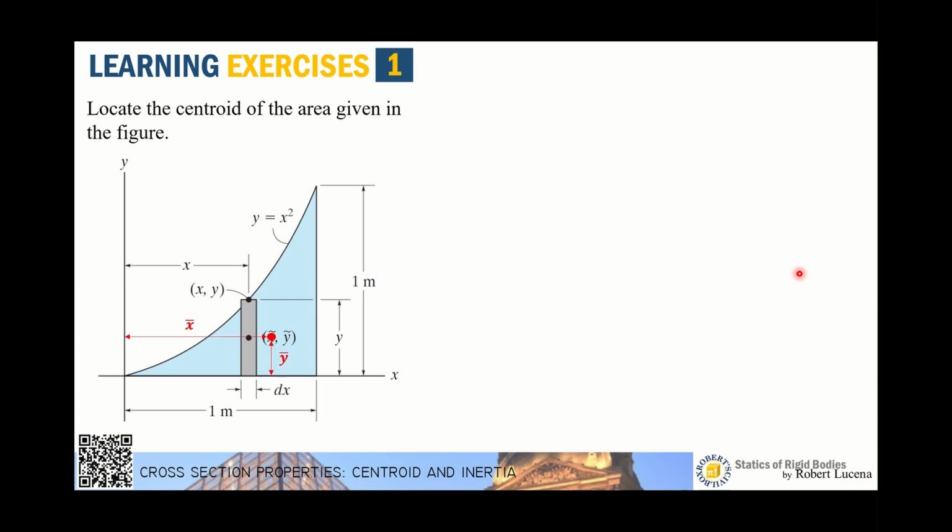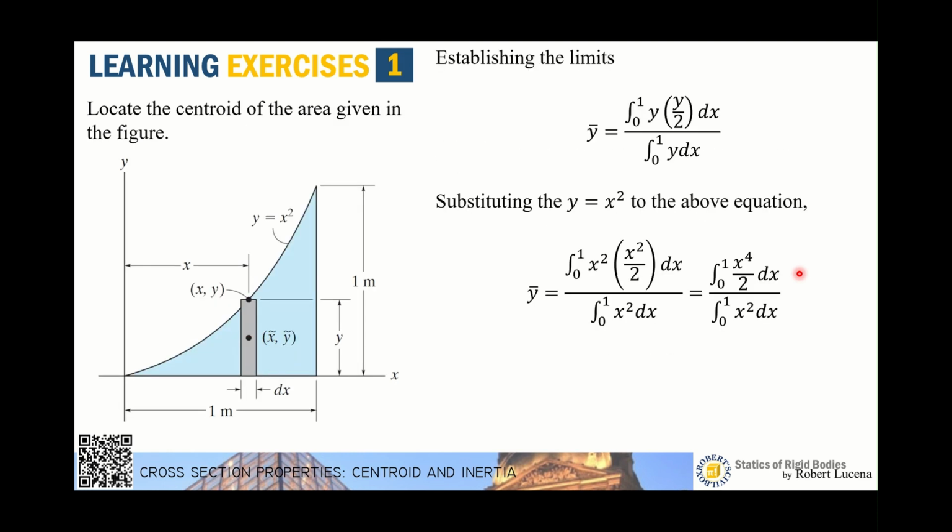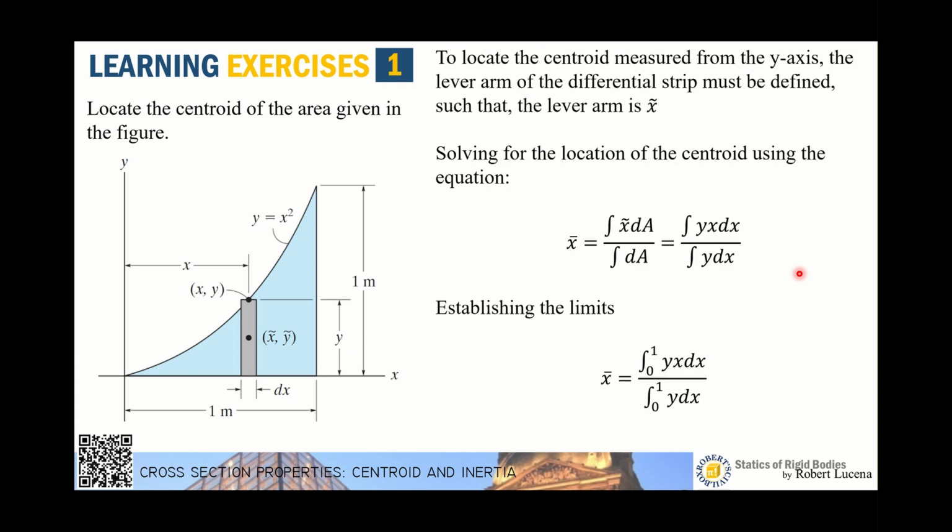So let's draw the centroid. We have determined x bar equals 0.75. That means it's 0.75 meters away from the y-axis, and y bar is 0.3 meters, so that is 0.3 meters above the x-axis. Take note that it is sign sensitive.